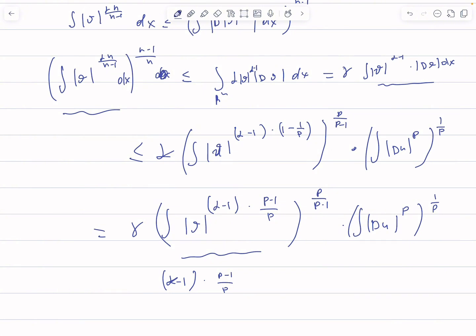Oh, sorry. Here should be p minus 1 divided by p, but here should be p divided by p minus 1, because the sum of these two should be equal to 1.